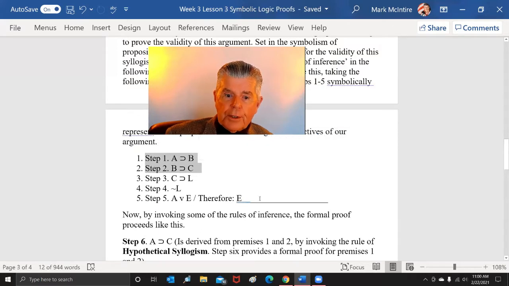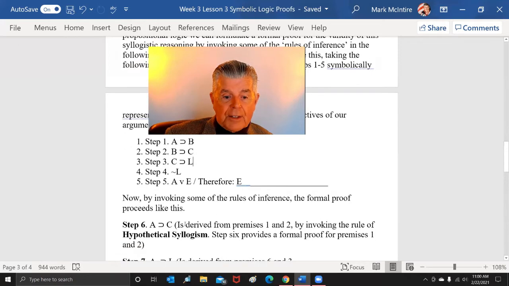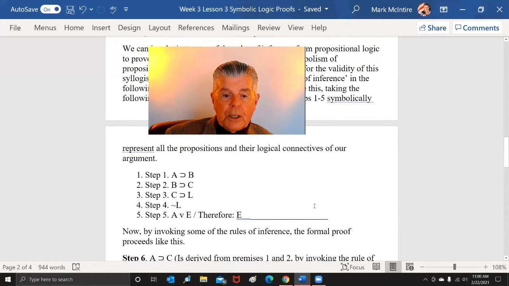A hypothetical syllogism, one of the 19 rules of inference. And what do we get if we apply a hypothetical syllogism to premises 1 and 2? Well, we get that A implies C. That's exactly what step 6 says. We derive A implies C from premises 1 and 2.